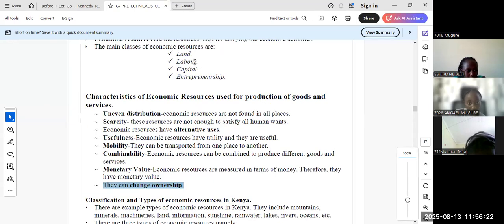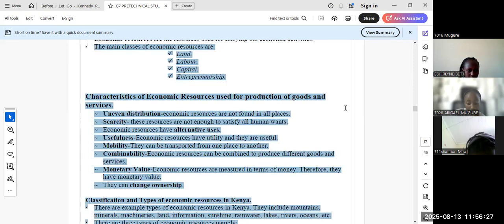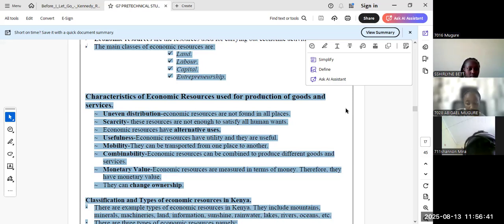We said they are divided into 4: land, labor, capital, and entrepreneurship. You should also know the definition of economic resources. When somebody asks you to define economic resource, what will you tell them?